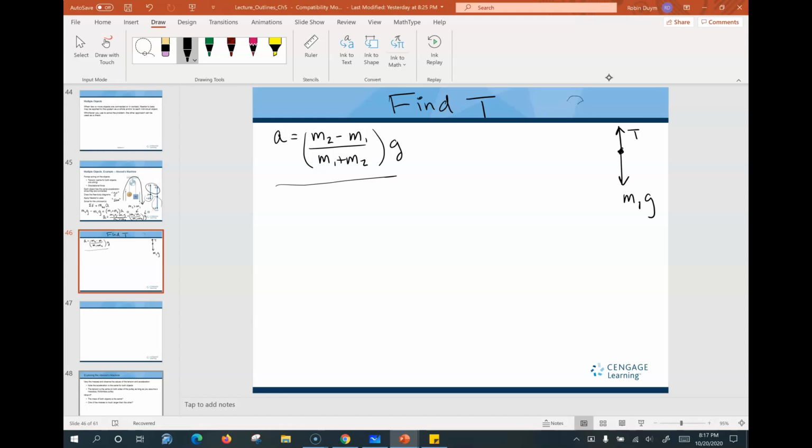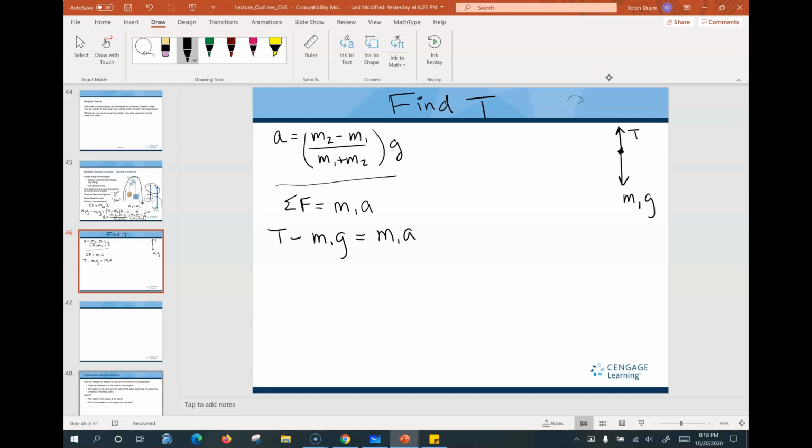We have the tension going up and then the force of gravity on mass 1 going down. So we will just apply the sum of all the forces, and it's m1 times a. We see that we have tension going up, and then minus m1g, is all equal to m1a.